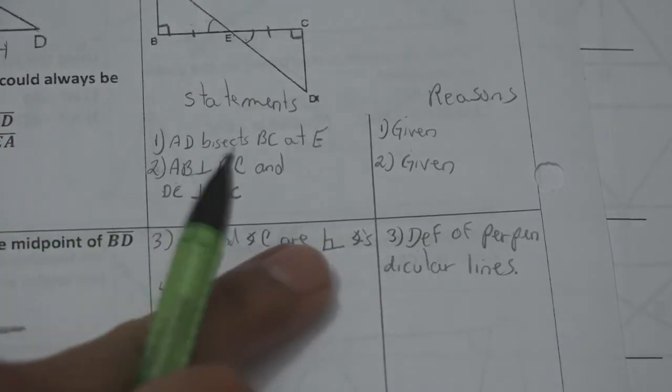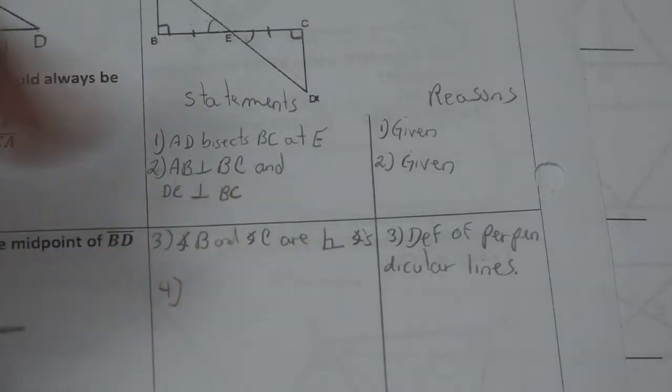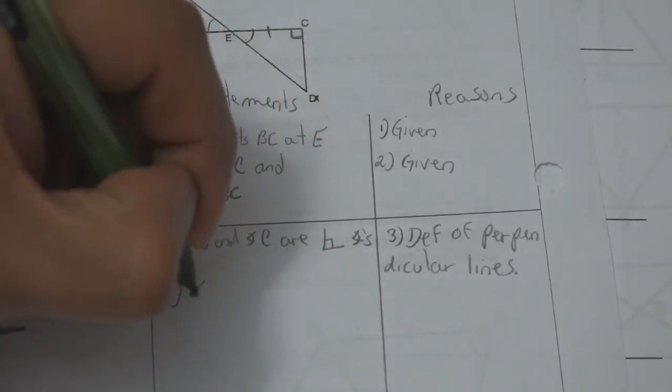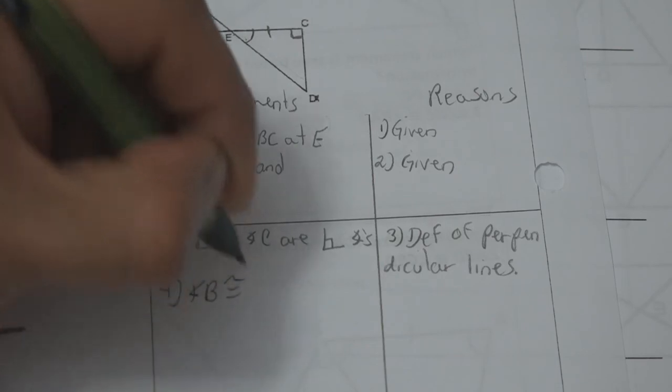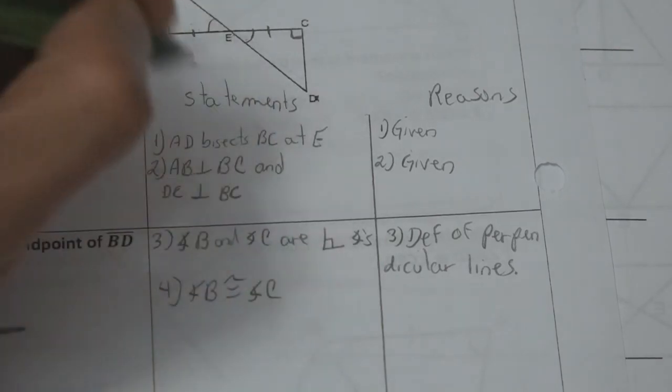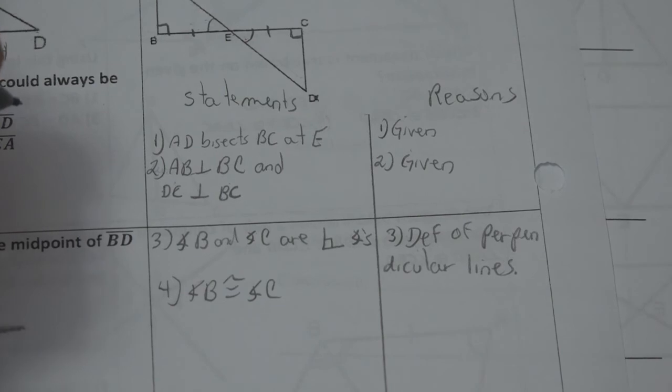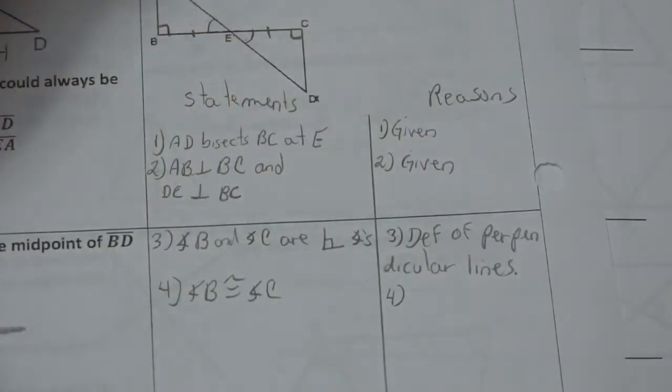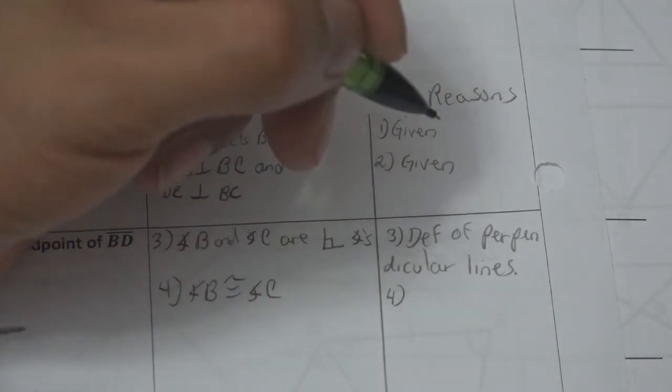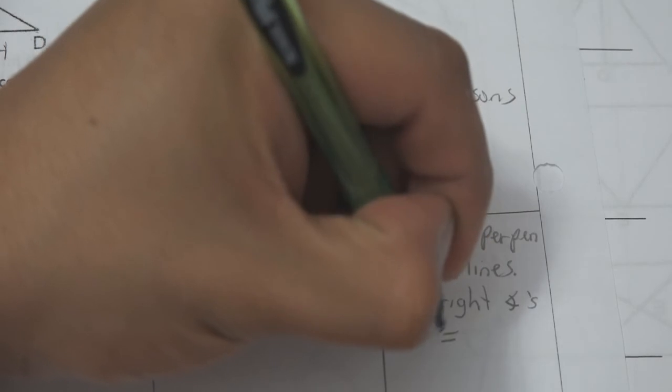Then, in every statement, after you say that they are right angles, you could say that angle B is congruent to angle C. Now, why are they congruent? Easy. All right angles are congruent.